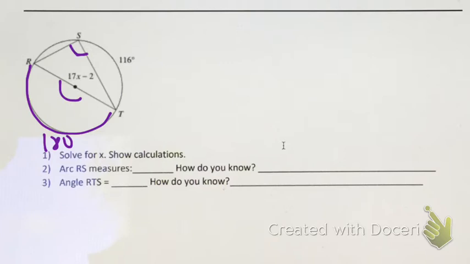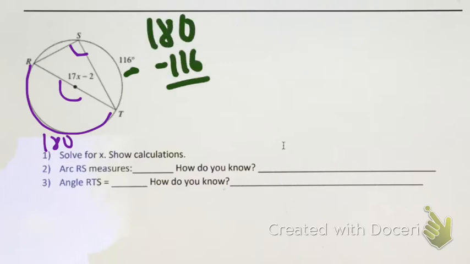The other piece is that over here this arc is 116. Since it's going through a diameter, the difference is 180 minus 116. That's what's left over in arc RS. So 180 minus 116, if you need a calculator for it, you get 64.